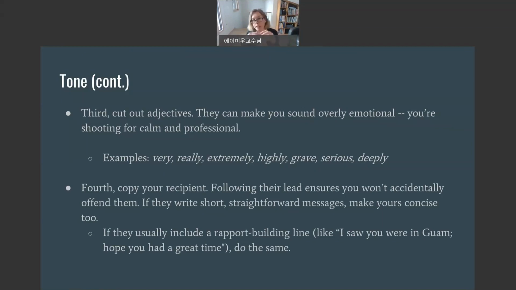So basically, if somebody emailed you first and they were very short and to the point, then you can respond in the same manner. Just copy their tone. Okay, so we have an example here. If they usually include a rapport building line, like, I saw you were in Guam. Hope you had a great time. Okay, then you can do the same. Just copy what they do.